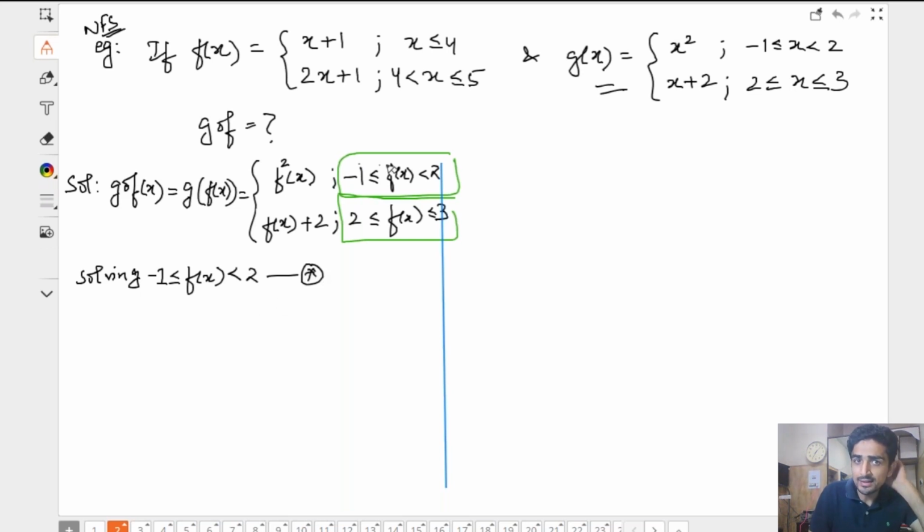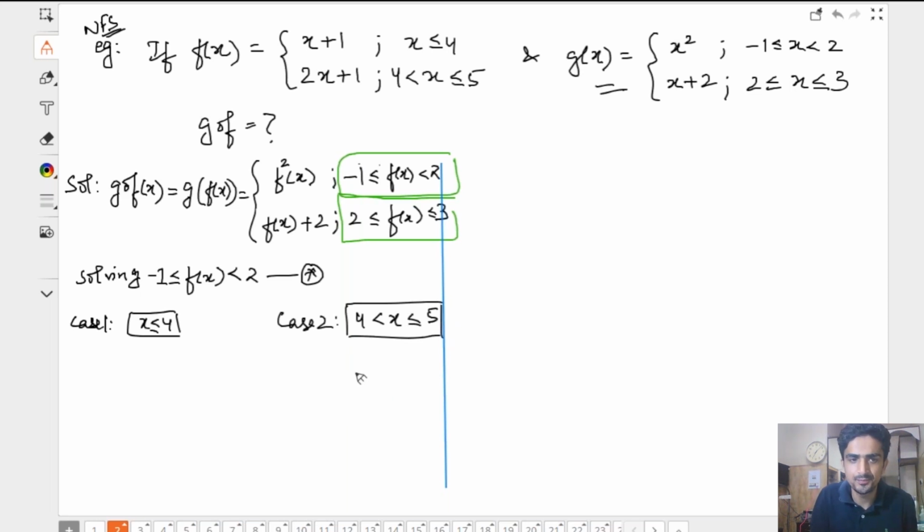So what are the values of f? Now values of f depend upon whether x is less than or equal to 4 or lies between 4 and 5. So case 1, x is less than or equal to 4, and case 2, x is 4 to 5. Now depending upon this, I will keep the value of f.